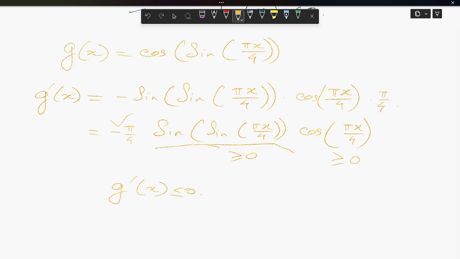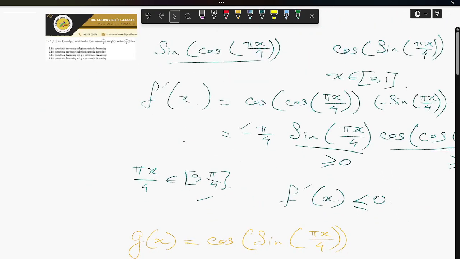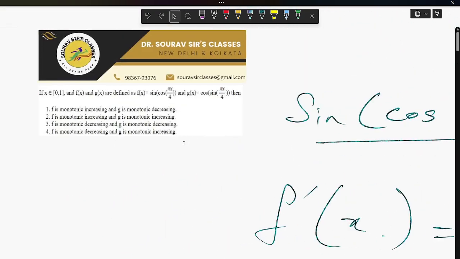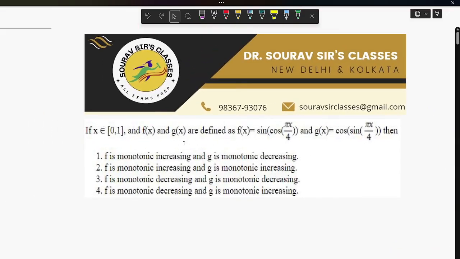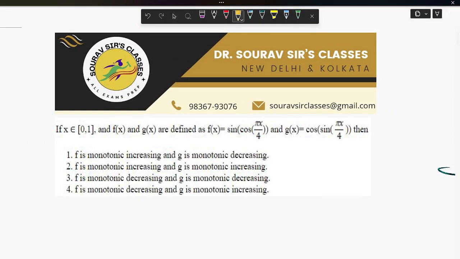So g(x) is also monotonic decreasing. The correct answer of this question will be option C. That means f is monotonic decreasing and g is also monotonic decreasing.